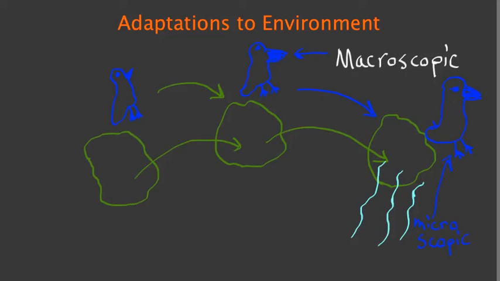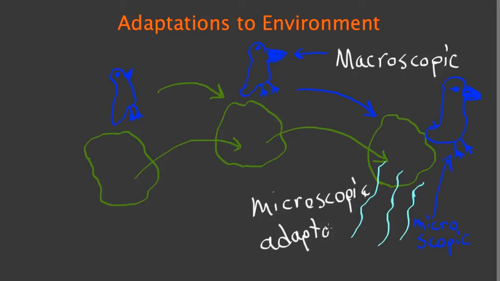Maybe I'll write that in white here. Microscopic. Microscopic adaptation. And so that is how plants and animals can get adaptations over time, and that's what macroscopic and microscopic adaptations are.